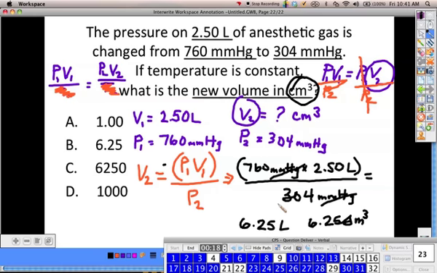We're down to 20 seconds. Centimeter cubed and milliliter are going to be the same thing.